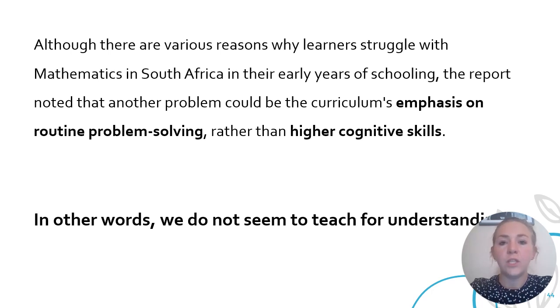However, a few of the challenges inform the way we teach and what we focus on as foundation or future foundation phase teachers, and that would be the curriculum that emphasizes routine problem solving rather than cognitive or higher cognitive skills. So if we put that in layman's terms, we do not teach for understanding.